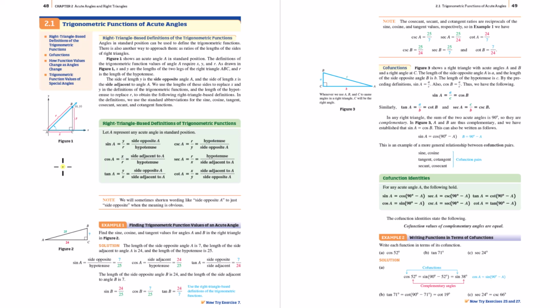In the next section, we're going to focus more deeply on angles that are non-acute, and in the section after that, we're going to look at applications with right triangles. So we're still going to be talking about the general definition, but in this section we're taking a much more detailed look at trig functions of acute angles.